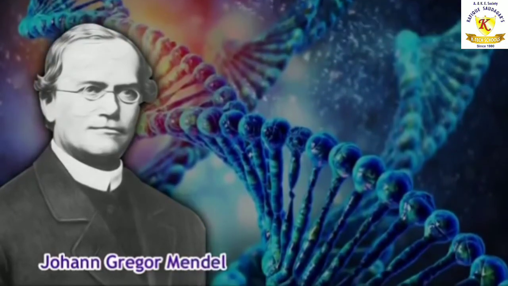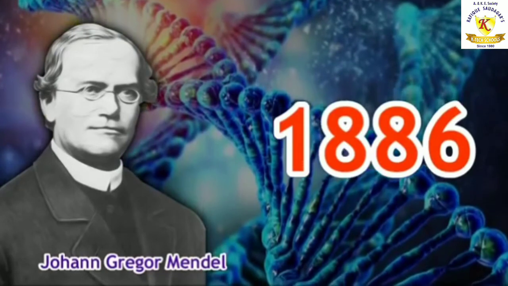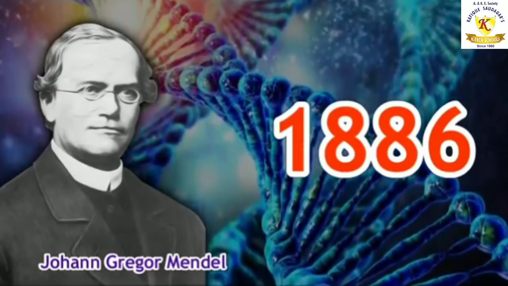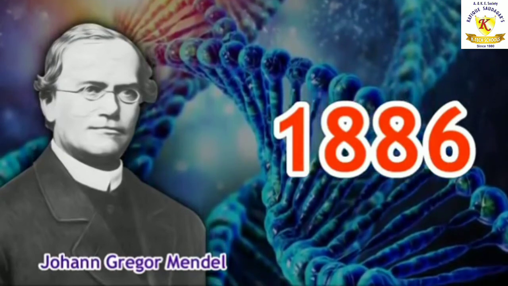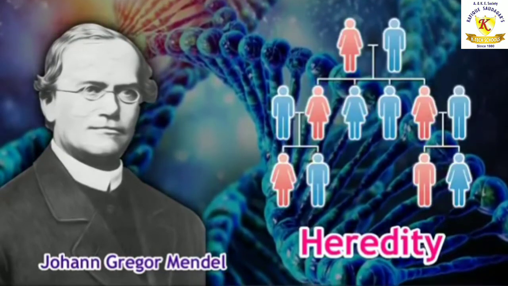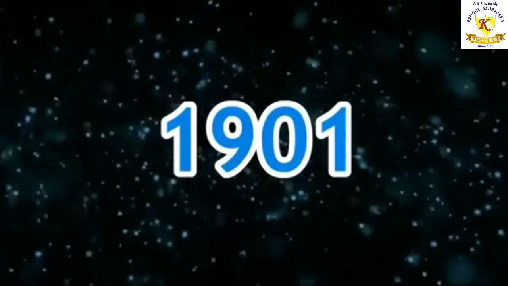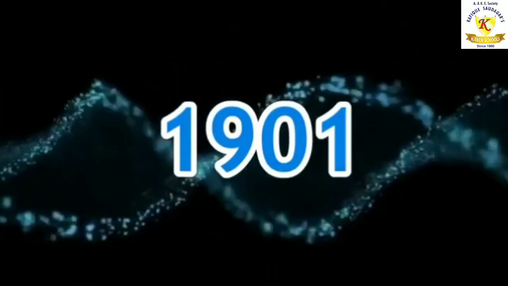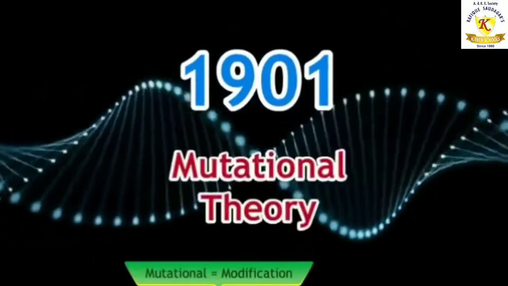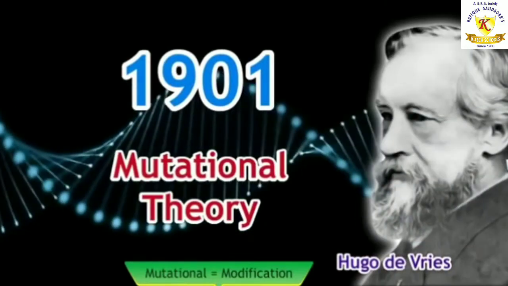He discovered it around the period of 1866. It took a long time for him to understand the conclusion of his research about heredity. In 1901, the reason behind the sudden changes was understood, due to the mutation theory of Hugo de Vries.